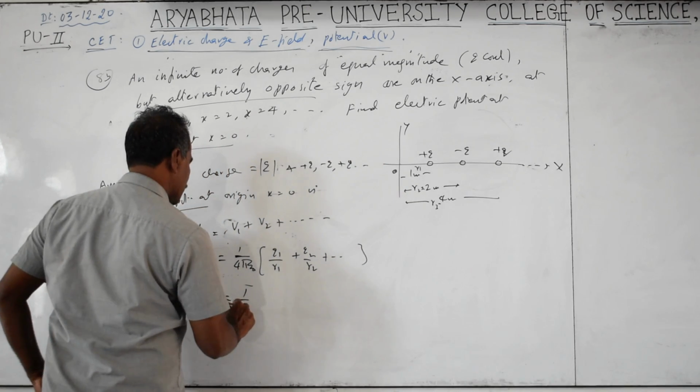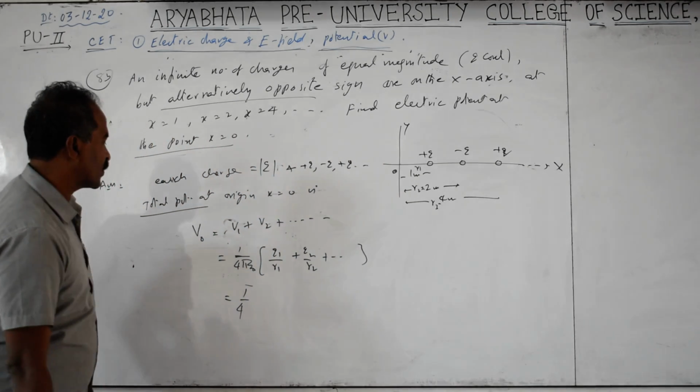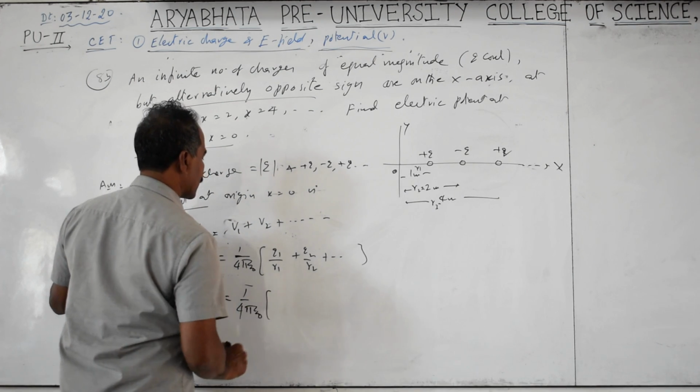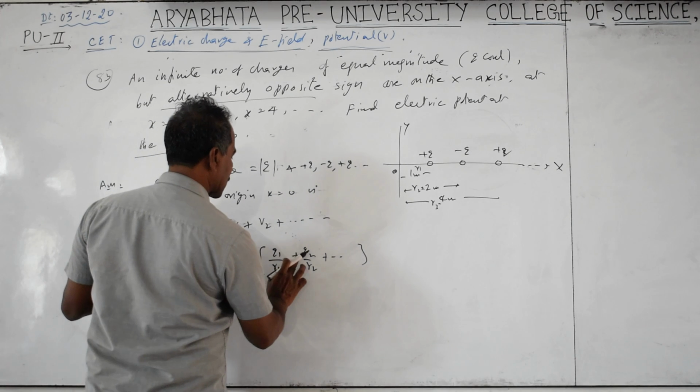Options are given in terms of symbols only, so don't take 9 into 10 to the power 9. 1 by 4 pi epsilon naught into q1, which is plus q, second one is minus q.